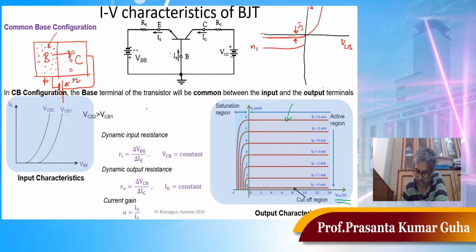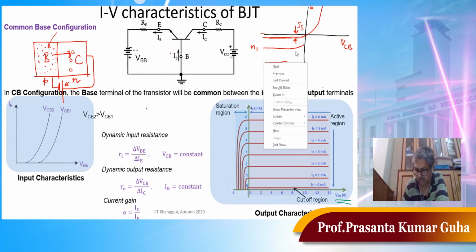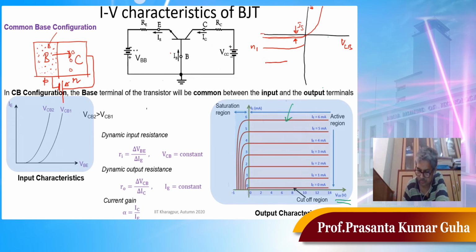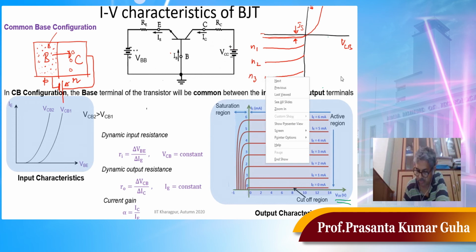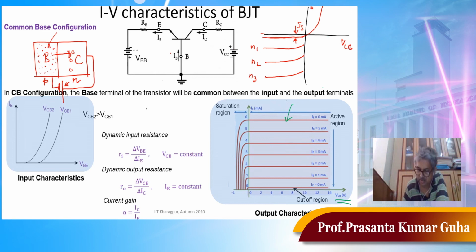Say for concentration N1 we get this current, and if I increase the number of electrons even further, the current will increase even further. You see these currents are much more than IS, but the property remains the same: this current doesn't depend on the reverse bias voltage I have applied.